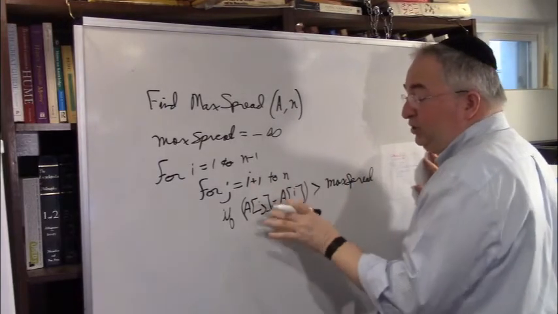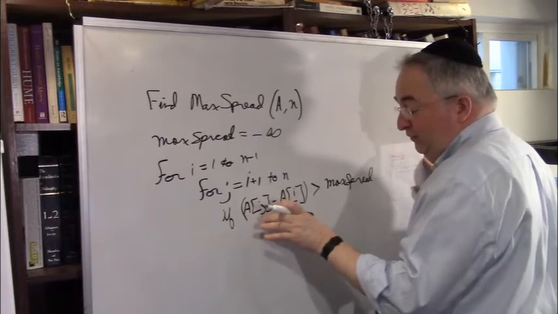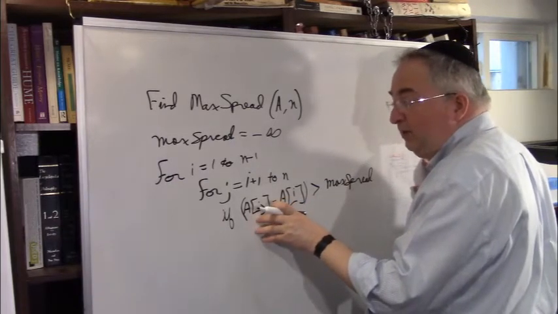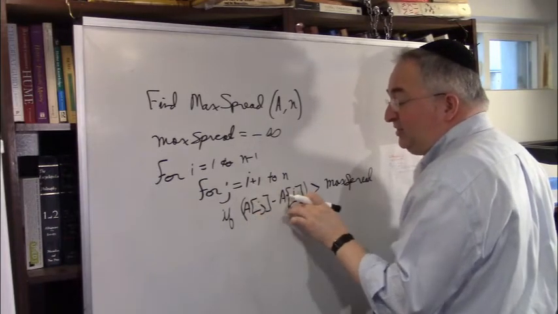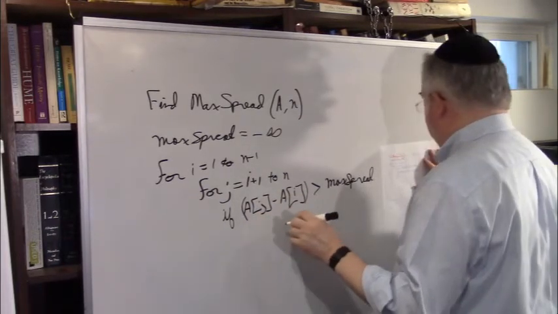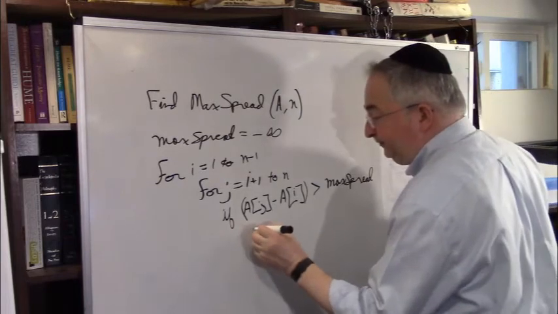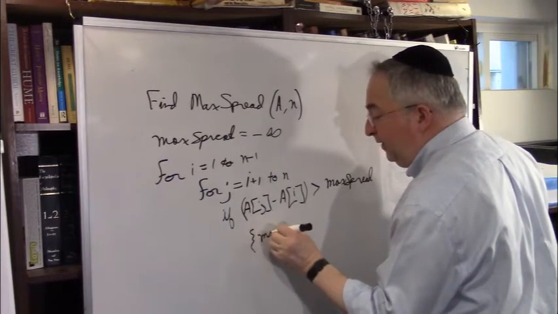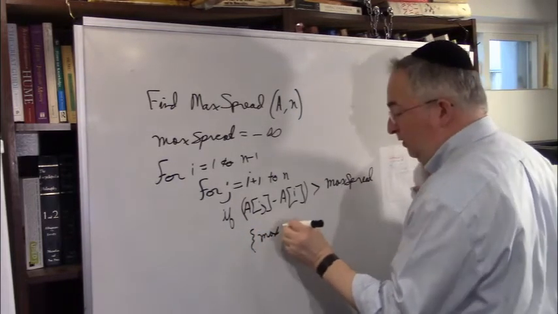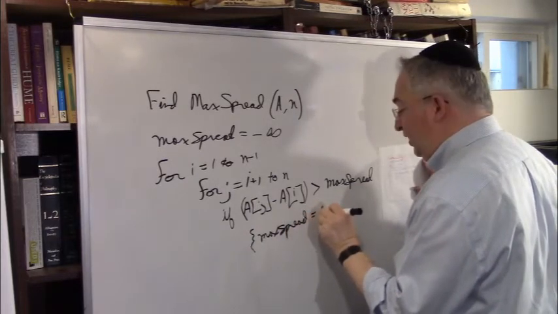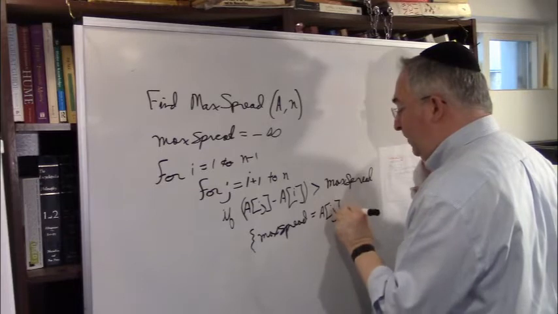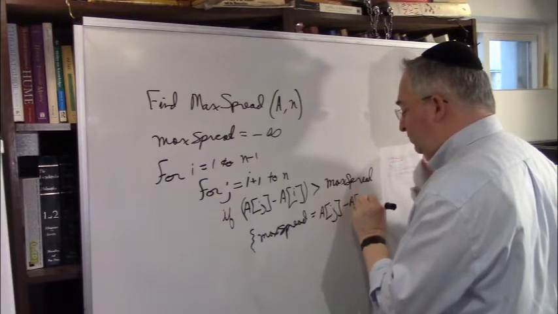So if it's better to do it here than max spread, in other words, you're searching for your max spread. If you found something you thought was max spread already, but now you got something even better, the selling minus the buying is even better, then max spread is equal to a of j minus a of i.